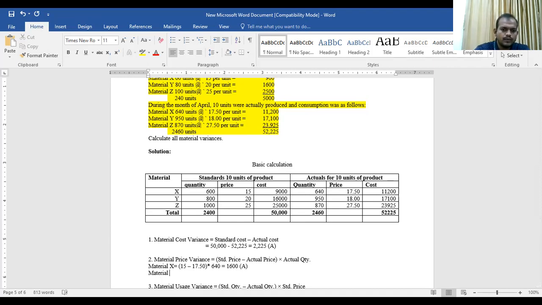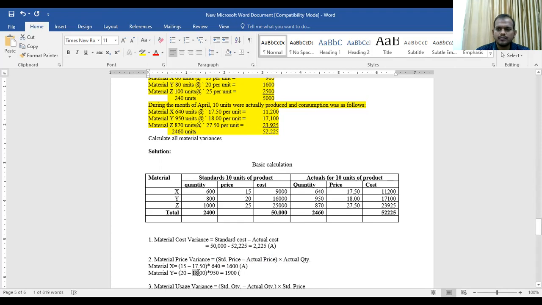Material Y, 20 minus 18 into actual quantity 950. So it comes around 1900. Here estimated is 20, but we spent less.